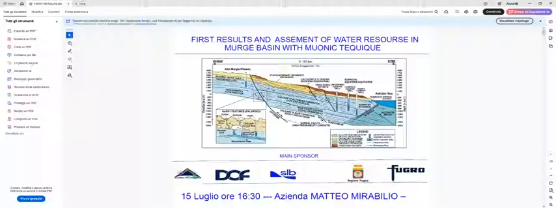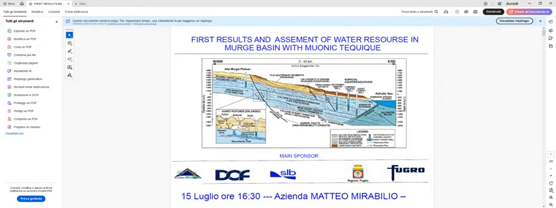So we are trying to explain the geological context of the Murge basin aquifer. In the first layer, you can see a real cross section that is a complex aquifer with multi-level aquifer, fractured karstic, and we have three parts.